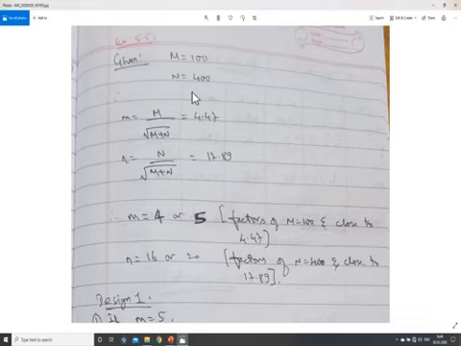Based on the derivation we had done, what are the optimum values of lowercase m and lowercase n, that is the number of inlets and the number of outlets? It is given by capital M divided by the square root of capital M plus capital N, which turns out to be 4.47, and the number of outlets turns out to be 17.89.